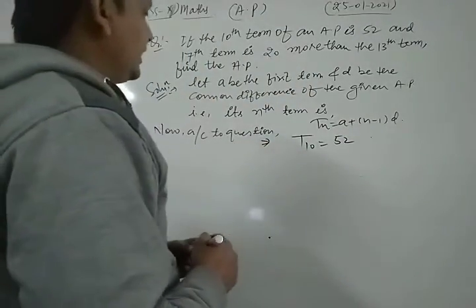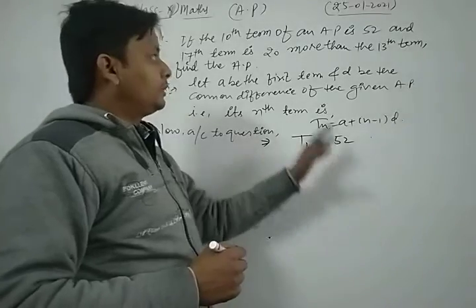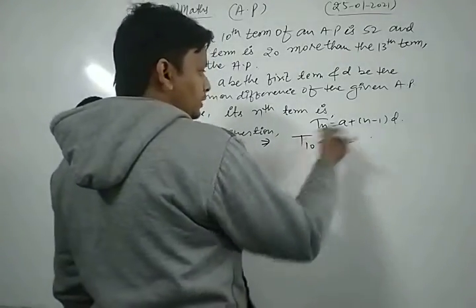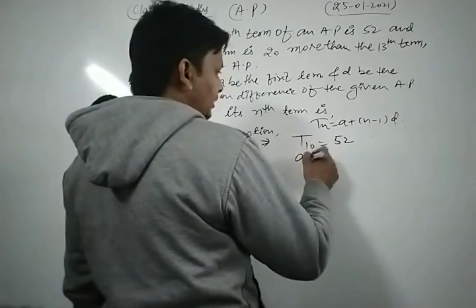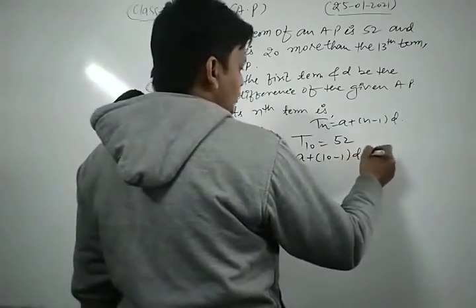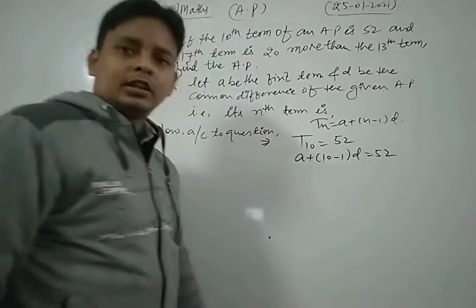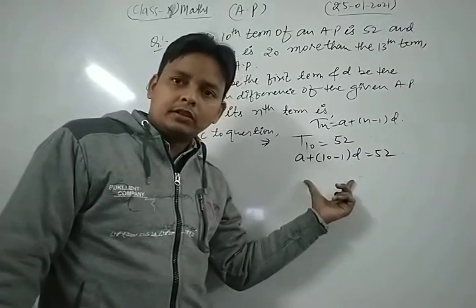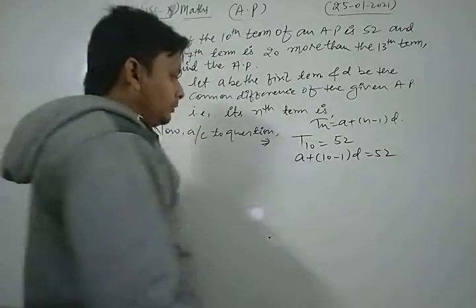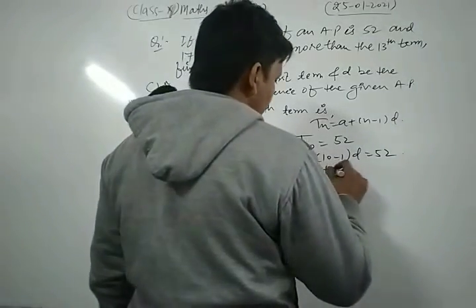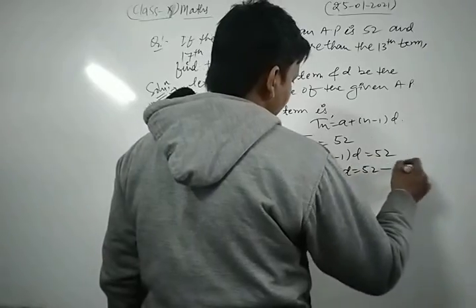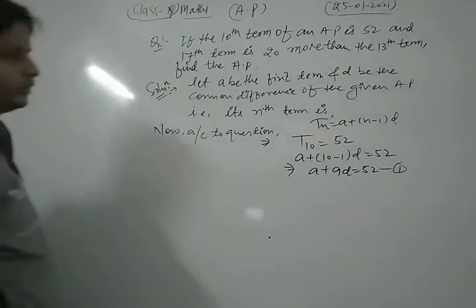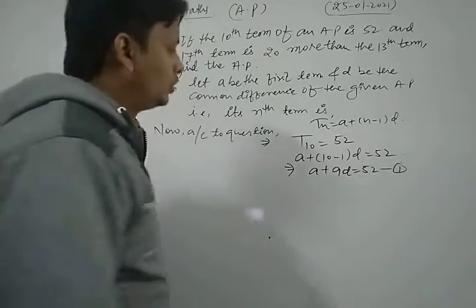According to the formula, A plus (n minus 1) into D is equal to 52. Simplifying, we get A plus 9D is equal to 52. Take this as equation number 1.